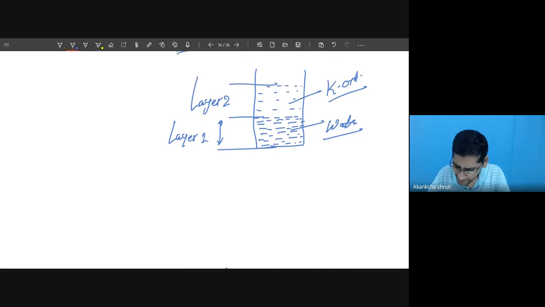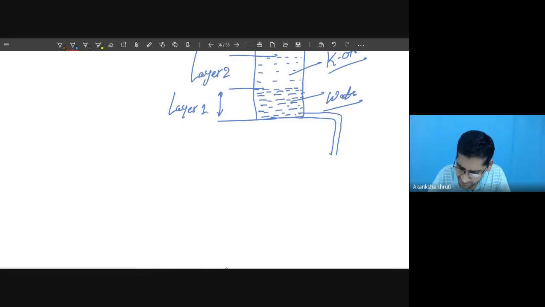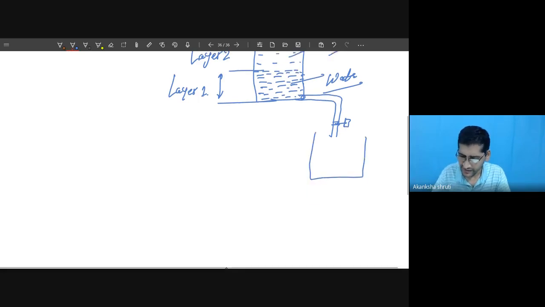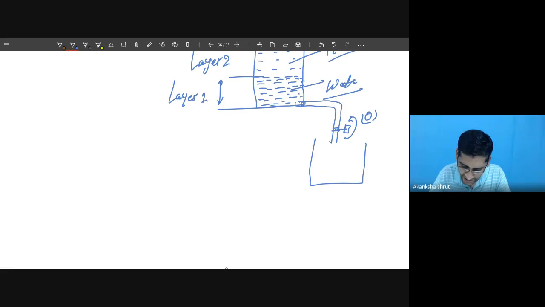Now, if we fix a tap in this, maybe from the bottom, by making a hole and fixing a tap, means the cork, now the liquid is allowed to move through this. So there is a stop cork in this for opening and closing. You place a beaker here, then slowly and carefully open it, and you will observe this layer is moving down.